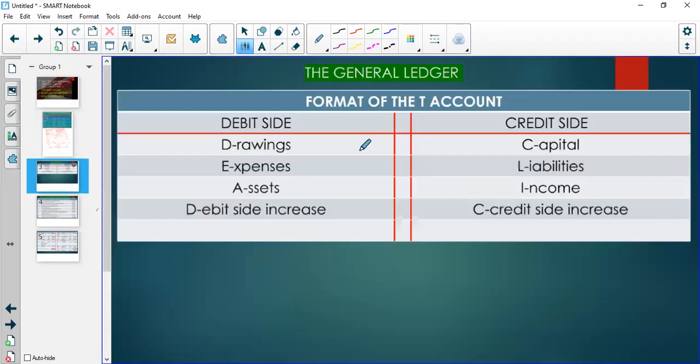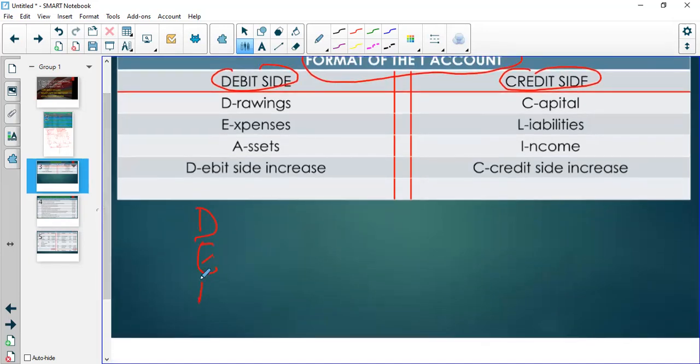So what we're going to discuss here is the general ledger format of the T account. The T account has a debit side and a credit side. We have those 5 elements of financial statements, and we have elements that increase on the debit side. Then we also have elements that increase on the credit side.